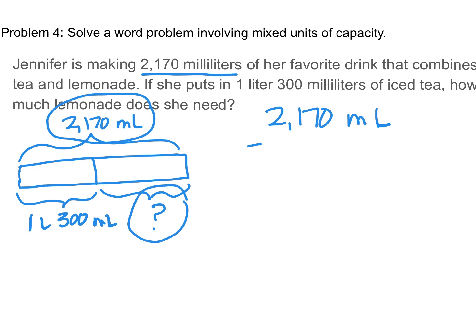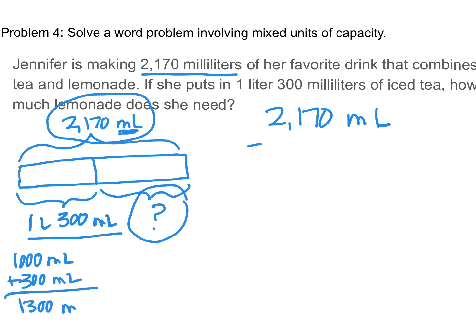Can we turn this 1 liter, 300 milliliters into only milliliters? Because that's what we've got up on top. If we do that, 1 liter is 1,000 milliliters plus the 300 milliliters. So we're going to subtract 1,300 milliliters.